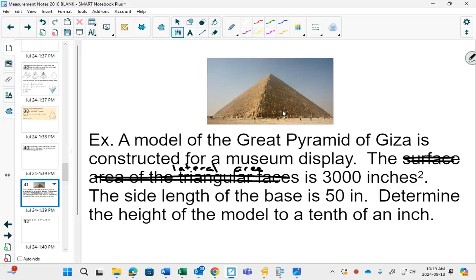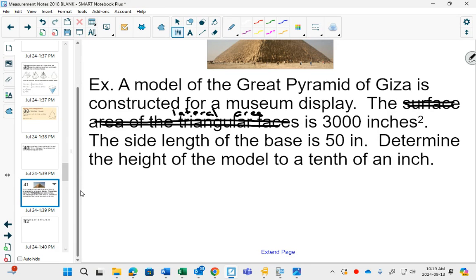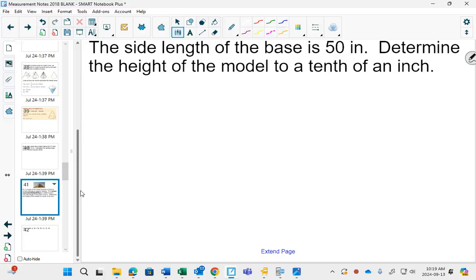This is a problem-solving question. And in a problem-solving question, sometimes it's helpful to draw pictures, to label what you know, and then try to figure out what you're trying to find. So the first thing I'm going to do is draw a square base, and straight up from the middle, pick a height, and draw my pyramid.